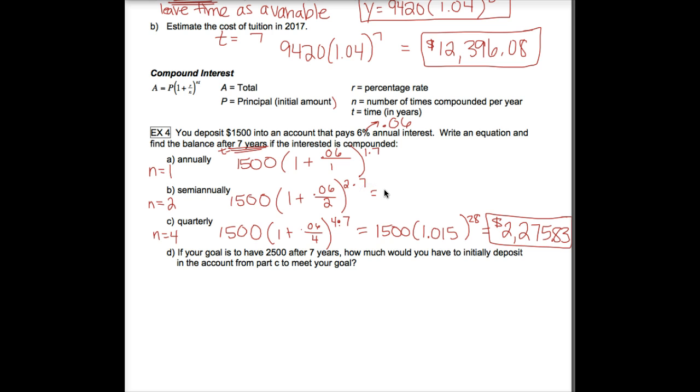For semi-annually, again, I'm going to write out my middle step. I do the 0.06 divided by 2, which is 0.03, so 1.03, and this time raised to the 14th power. And that's going to give me $2,268.88. And then finally up here, 1,500 times 1.06, and I'm going to raise it to the 7th power.